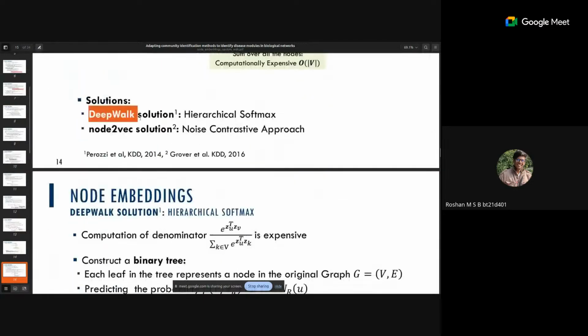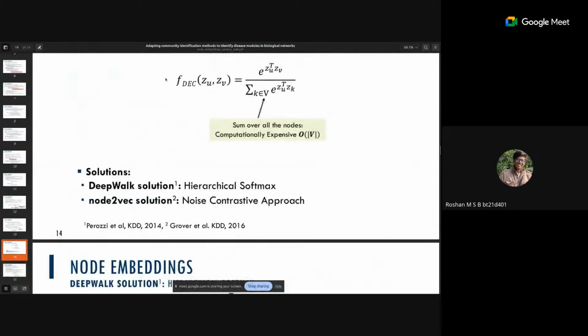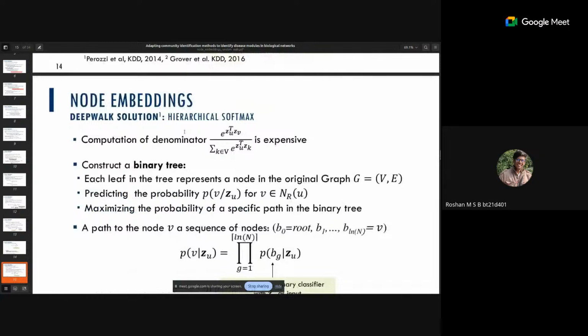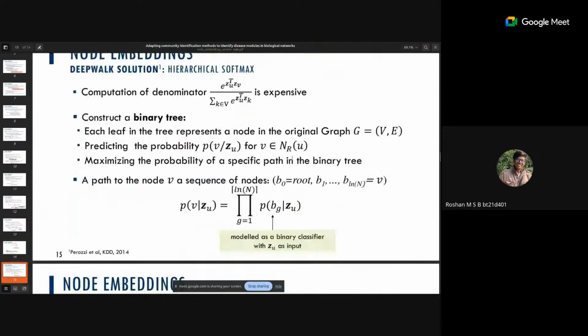And it depends on how the decoder function handles the specific denominator term. If you sum over all the combinations of nodes, this is actually a very computationally expensive operation. So DeepWalk and node2vec use different approaches. One is called the hierarchical softmax, and the other one is the noise contrastive approach.